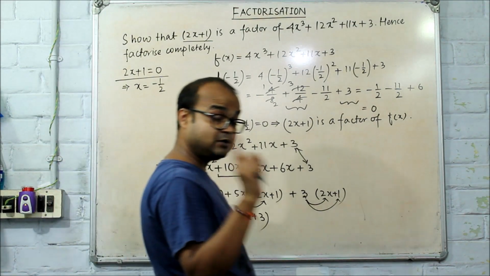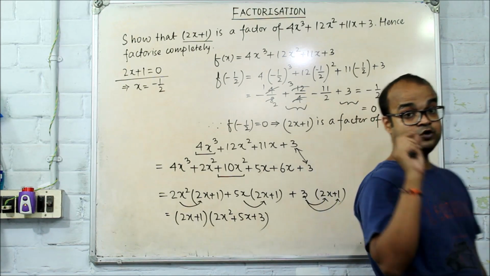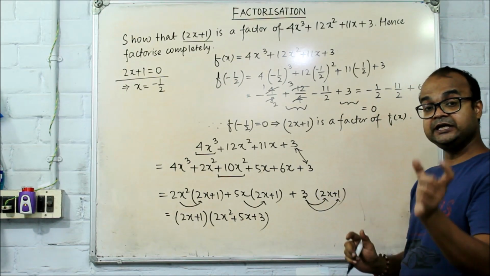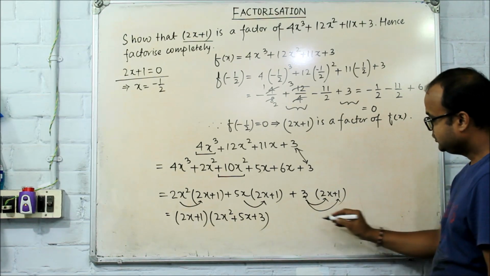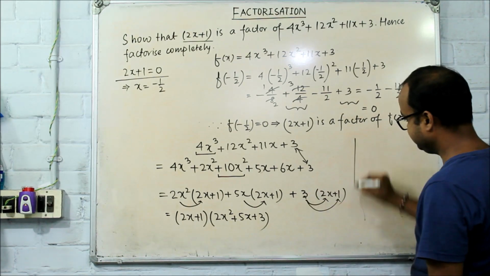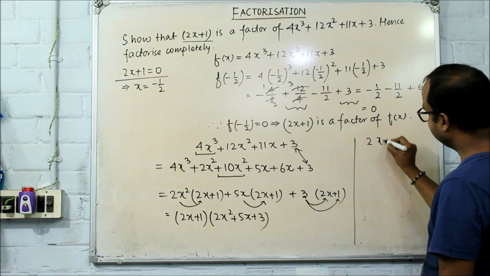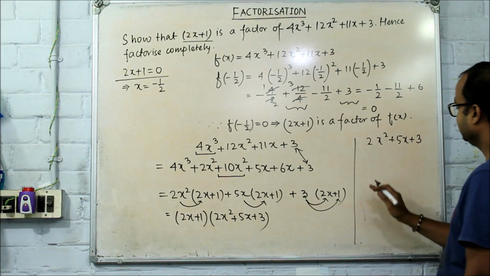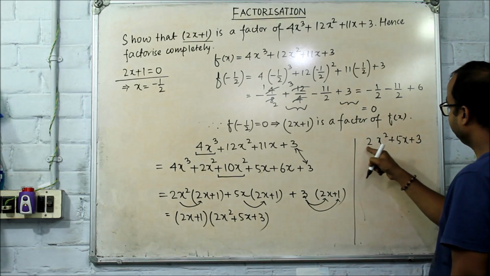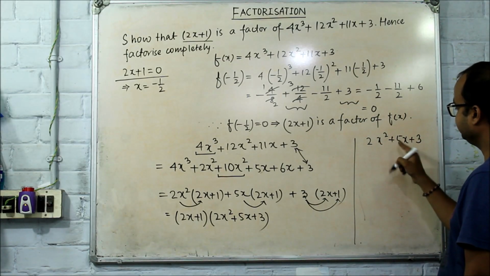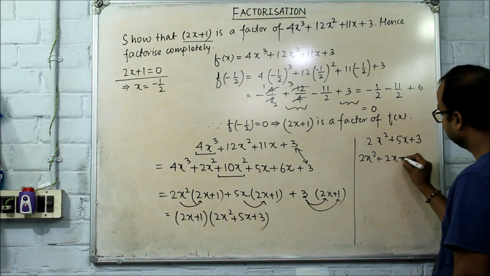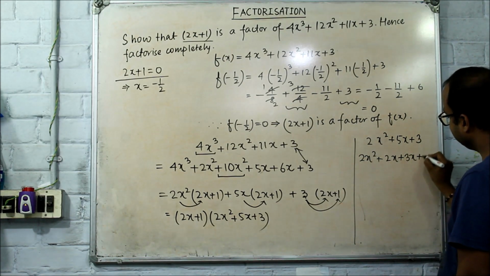Factorize completely means you need to carry out the factorization process till it is in its simplest form. So if you factorize this, 2x square plus 5x plus 3, here 2 into 3 is 6 and 2 plus 3 is 5. So we write 2x square plus 2x plus 3x plus 3.